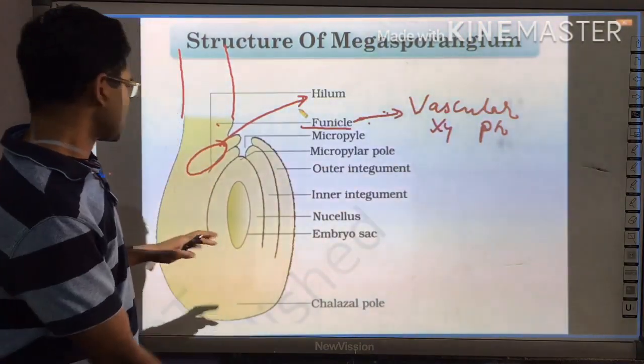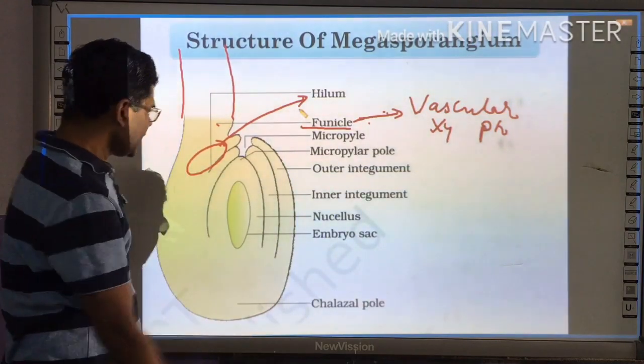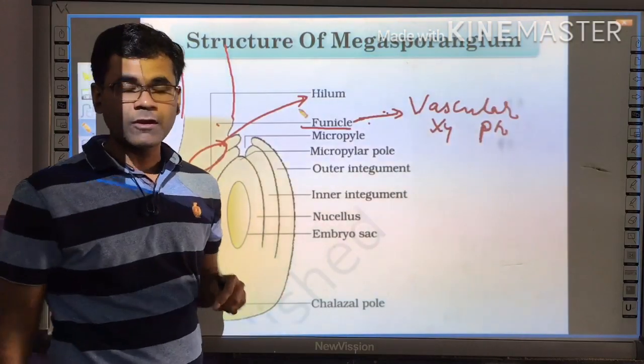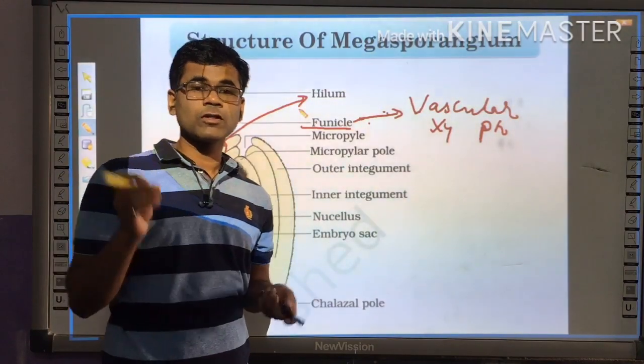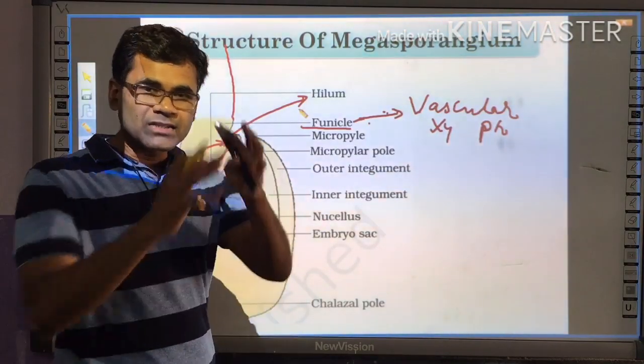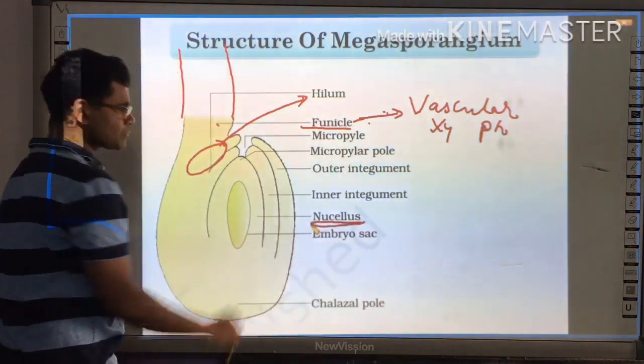The third important structure: most of the part of this ovule is composed of nutritive tissue which provides nutrition for the growth and development of the embryo sac, and this nutritive tissue is termed the nucellus.